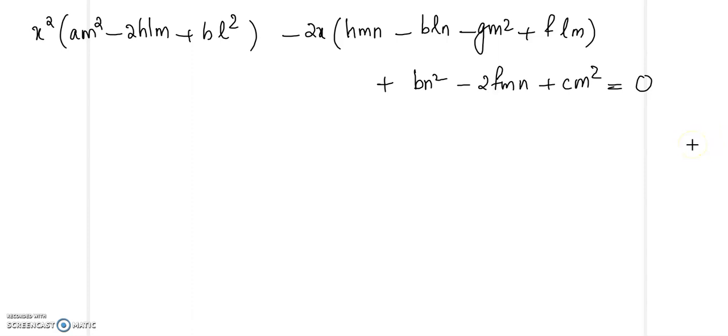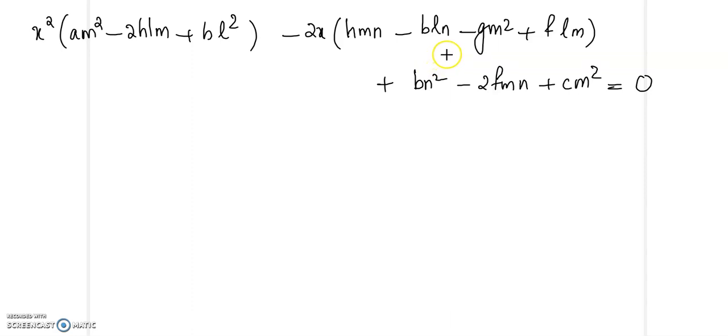Now we need to find the condition that the given line will touch the conic. That means lx plus my plus n equal to 0 becomes tangent to the conic. What happens here is that this is a quadratic equation, so there will be only a single point of intersection. That means there is exactly one root for this equation, so the roots must be real and equal.